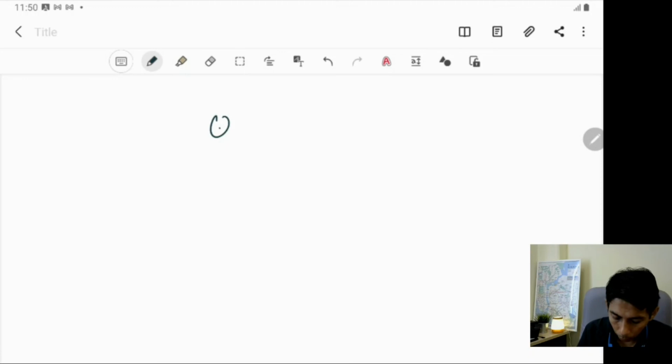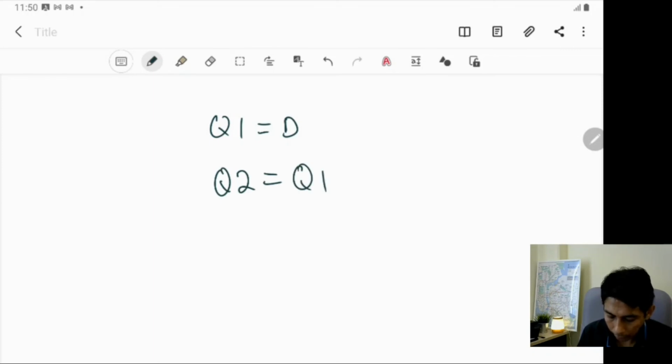When we write Q1 equal to D, and the next one, Q2 equal to Q1, the Verilog compiler will conclude that because Q1 is equal to D, it will do the optimization. So if Q1 is equal to D, then Q2 also equals D. So it will give you something like this.